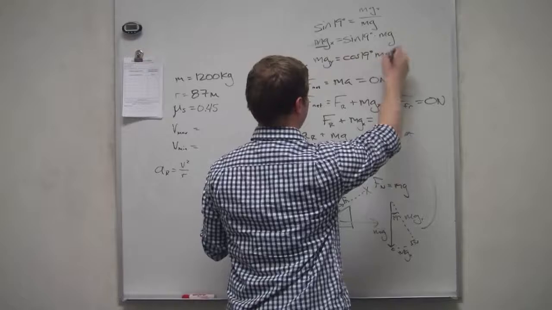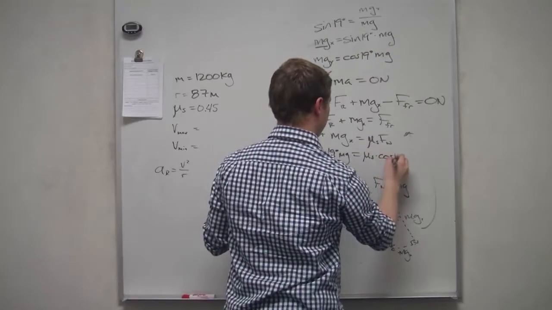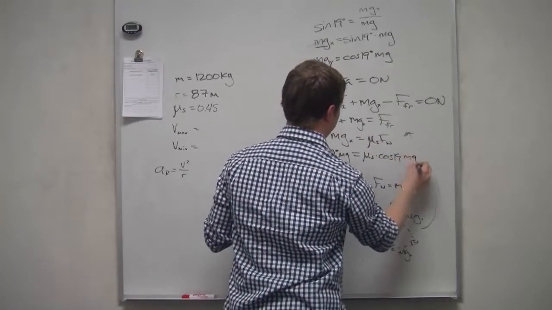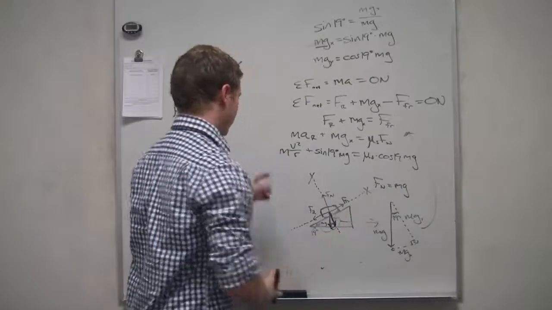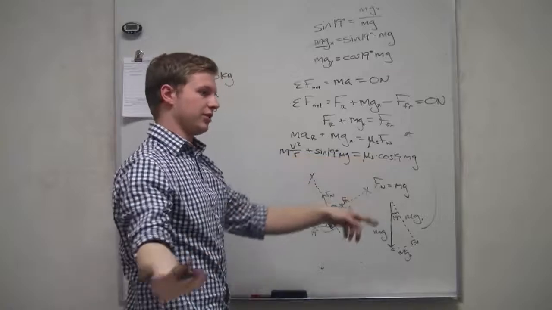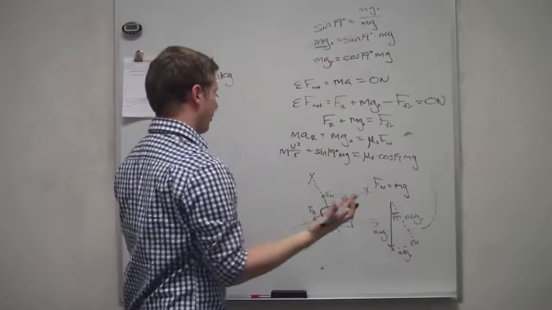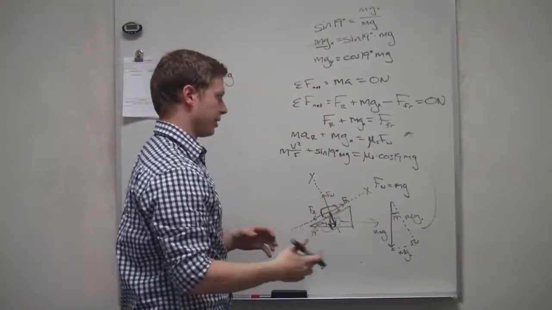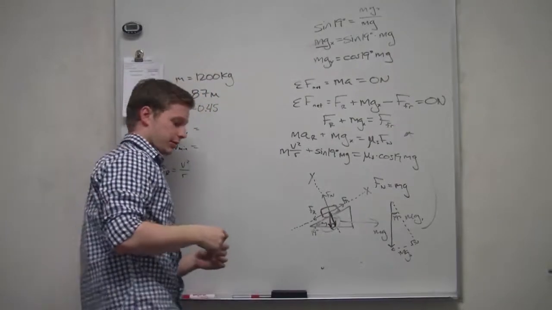So we can plug in cosine. And then from there, we could be solving for velocity if it wants it, or the coefficient of static friction if it wants it, whatever we're trying to solve for, we can find out what it is.